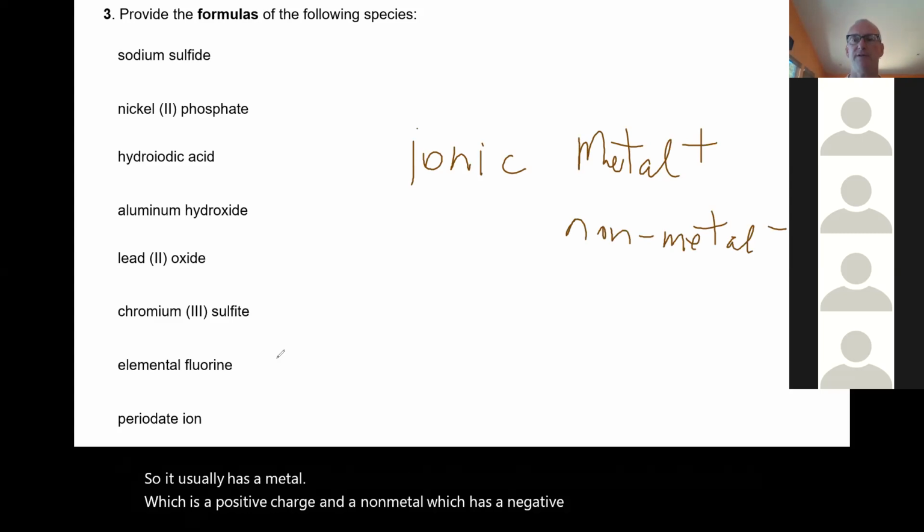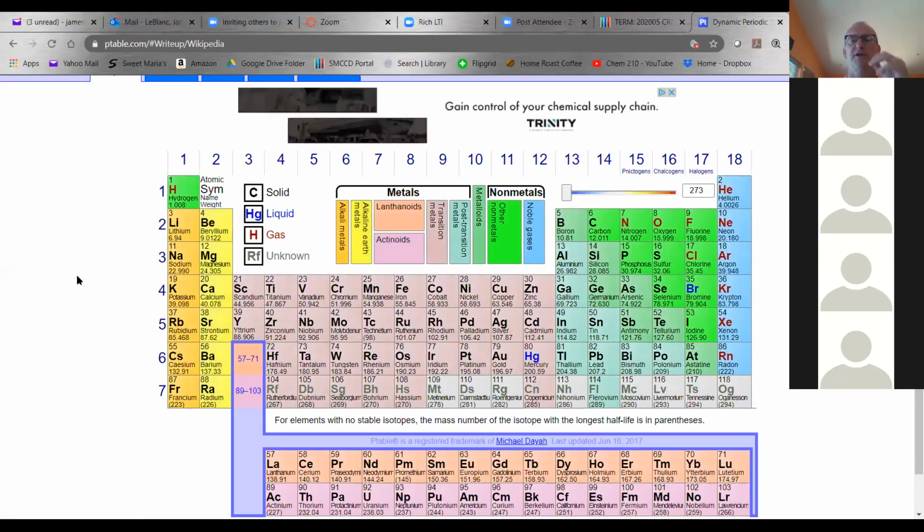And let me go back to the periodic table, because this is something we're going to be learning. There are 2 general areas of the periodic table: metals and nonmetals. And surprisingly, almost all of the periodic table are metals. Everything from group 1 all the way to group 12 are all metals.